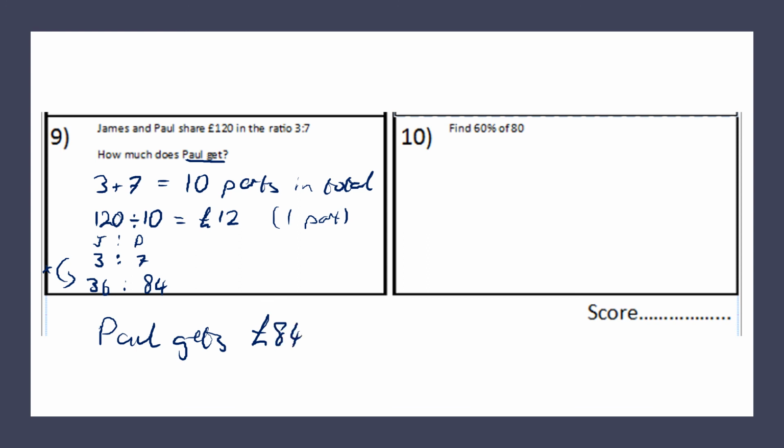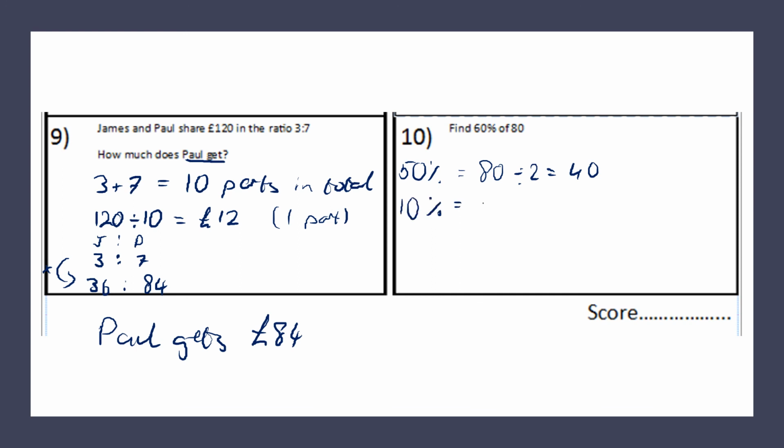Good. Okay, so final question, number 10. So we want to find 60% of 80. So there's lots of different ways you could do this. What I'm going to do is find 50%, which is a half. So it's going to be 80 divided by 2, which is 40. We want 60, so I need another 10%.